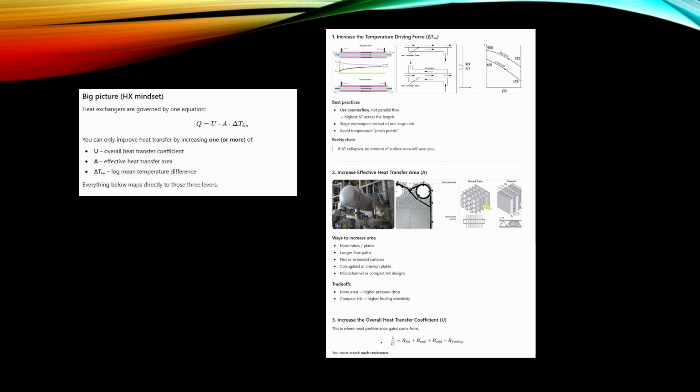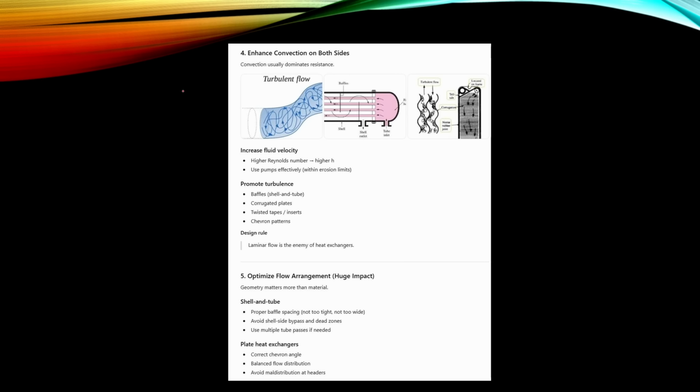And when thinking about this heat transfer rate, always remember the heat transfer resistances. It means in practice that we should use high conductivity materials like copper and aluminium instead of steel. One good way to improve heat transfer is to create more turbulence.